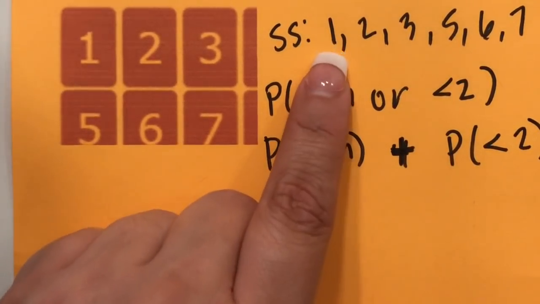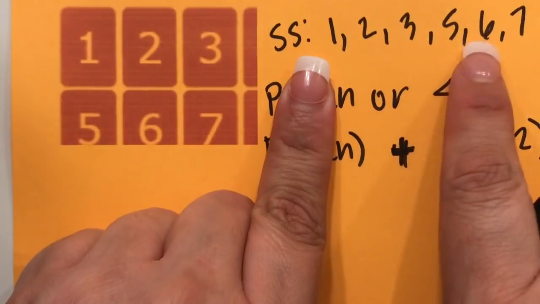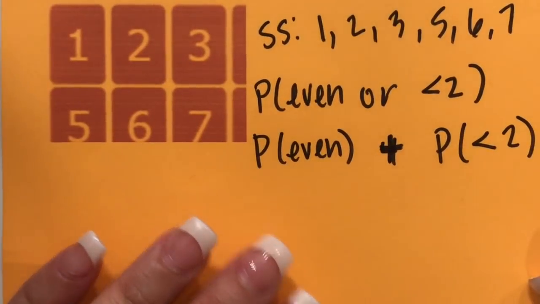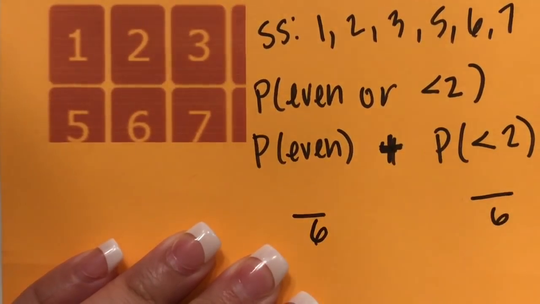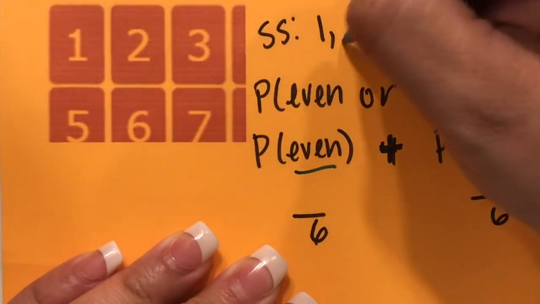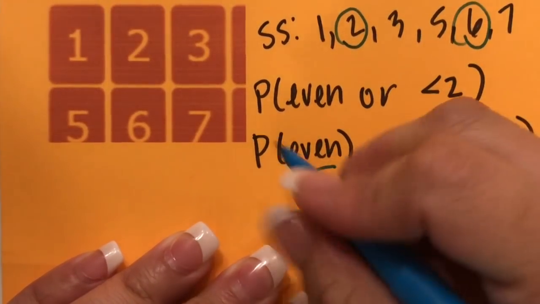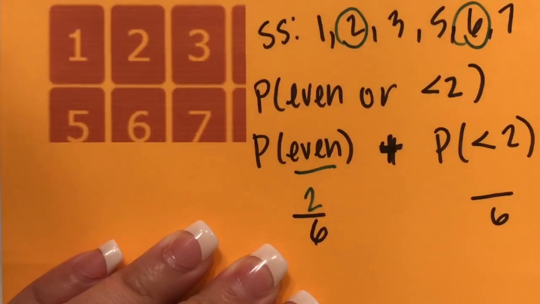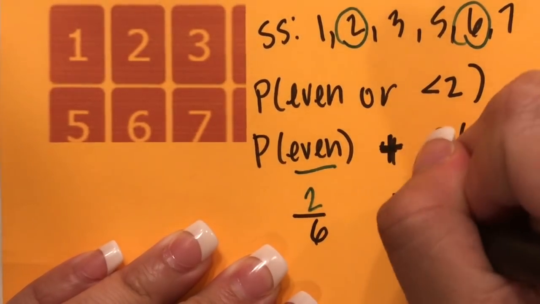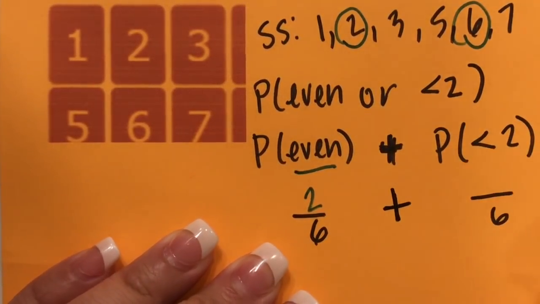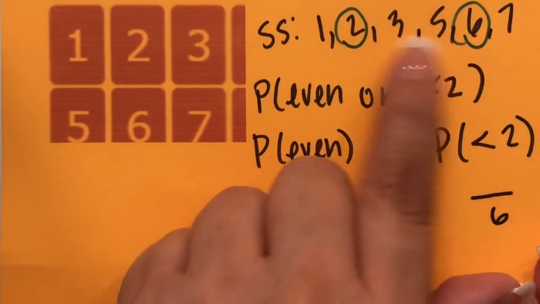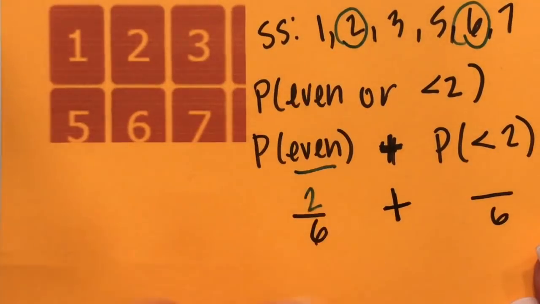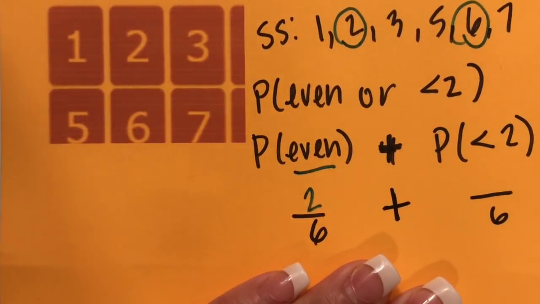So let's count our sample space. 1, 2, 3, 4, 5, 6. I have a total of 6, so that's going to be my denominator. Let's count the even numbers. I have a 2 and a 6, so that's 2 out of 6, plus the probability of choosing a number less than 2. If I look at my sample space, the only number less than 2 is 1, so that's 1 out of 6.